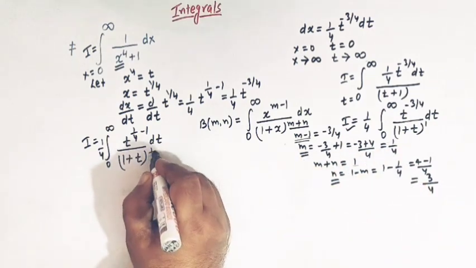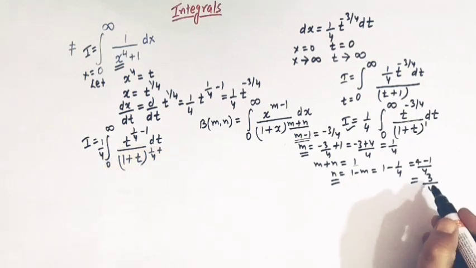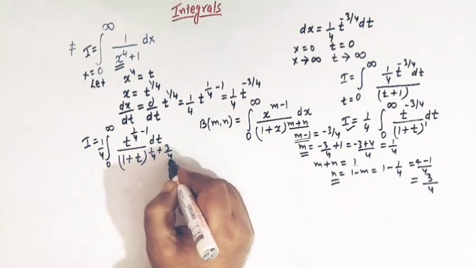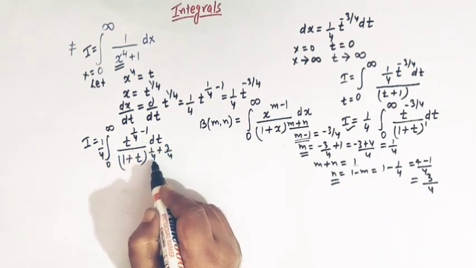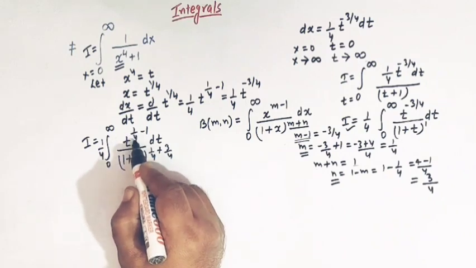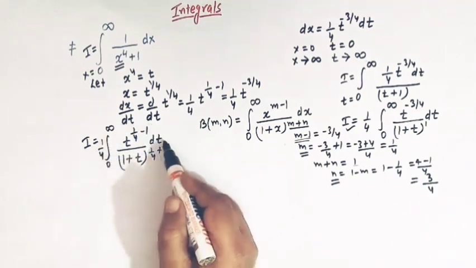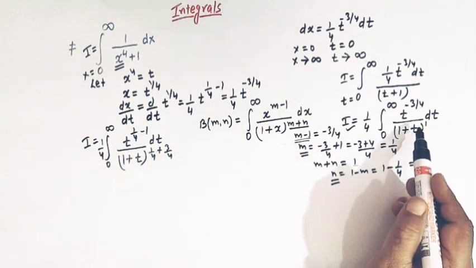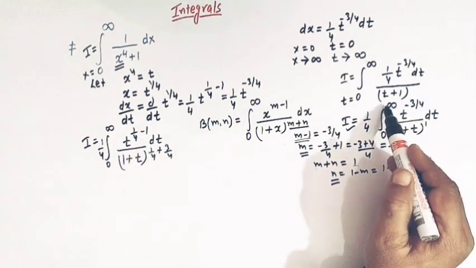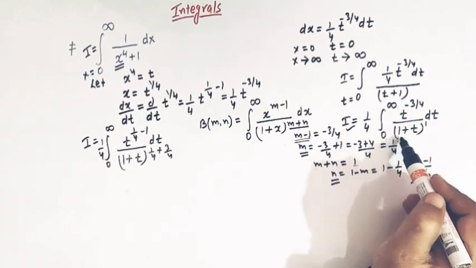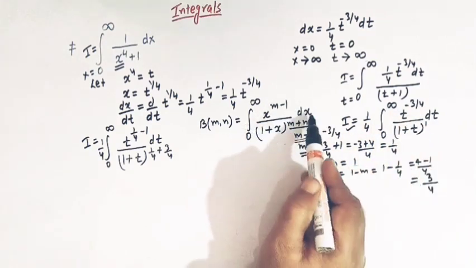M is 1 by 4, n is 3 by 4, right? So this is 3 plus 1, 4. 4 over 4 is 1, and 1 by 4 minus 1 is minus 3 by 4. So again we'll get the same integral, except that we have expressed the integrand like this, right?